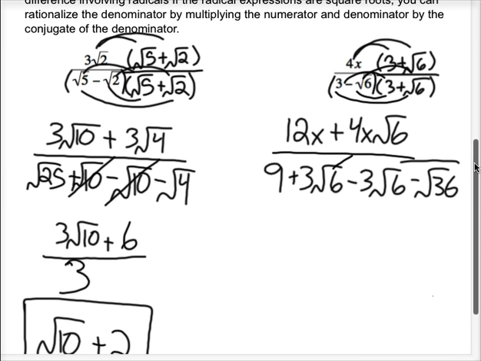Notice, just like we need them to, those insides cancel out. So we have 12x plus 4x square root of 6 all on top.